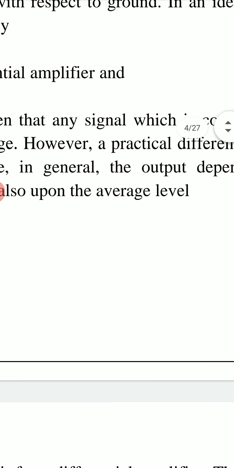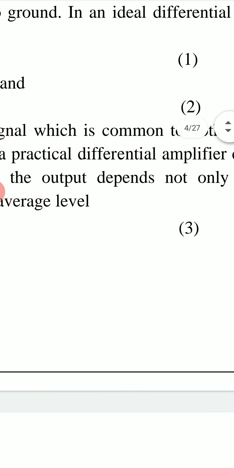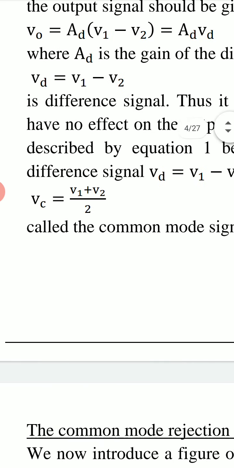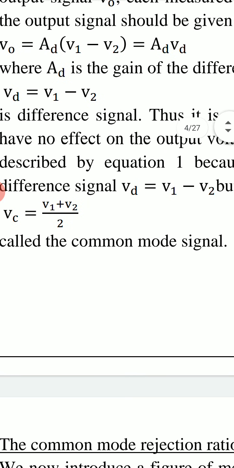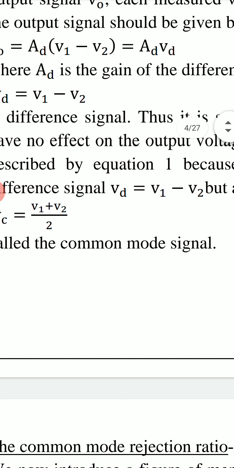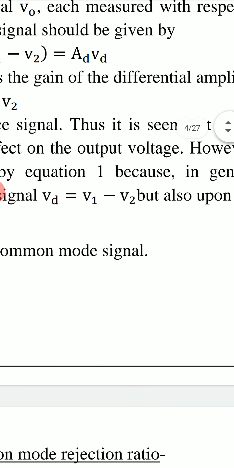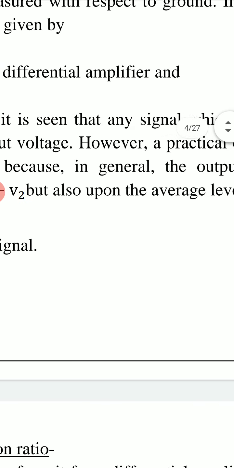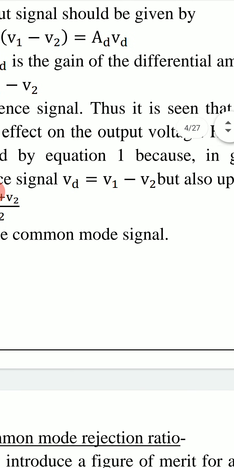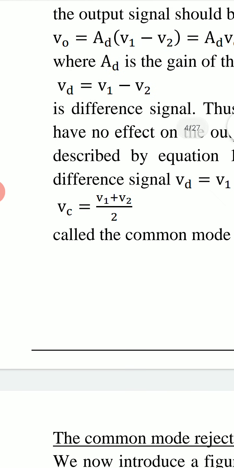because in general the output depends not only upon the difference signal VD equal to V1 minus V2, but it also depends upon the average level, and average level is V1 plus V2 upon 2. It is the average of two input signals, which we write as VC.